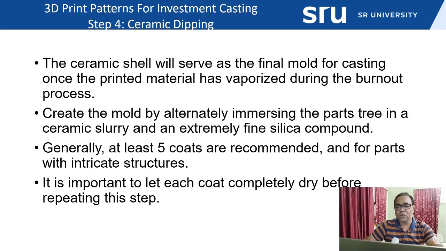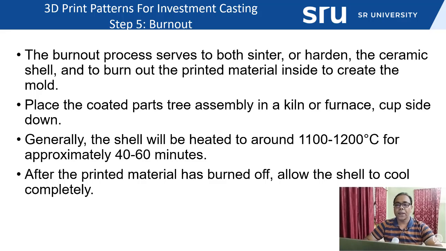You also have to ensure that each coating is completely dry before repeating the next operation. After that, the wax pattern you have made has to be burned out, so that the wax liquid is removed and a hollow cavity is created inside.